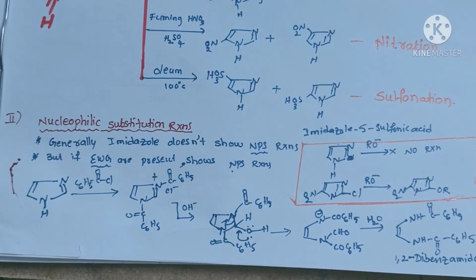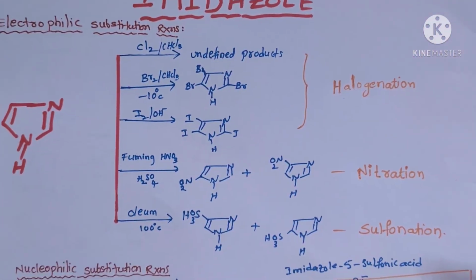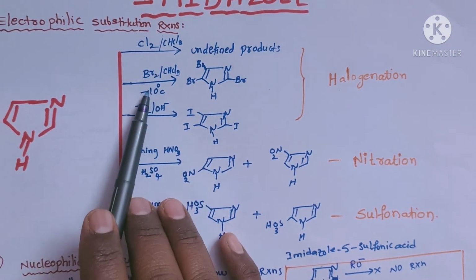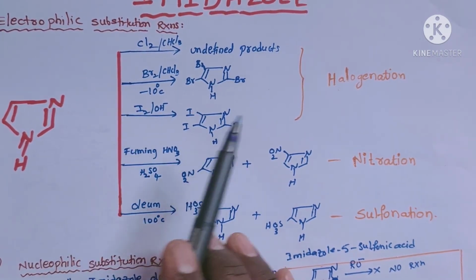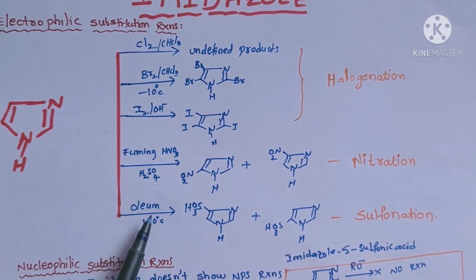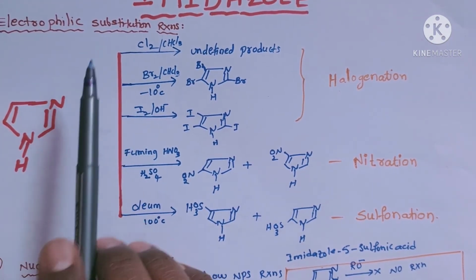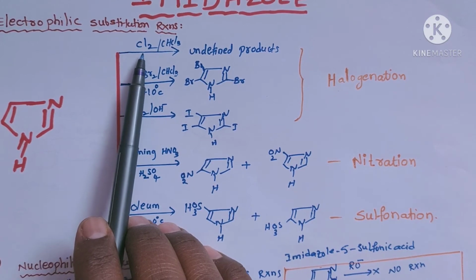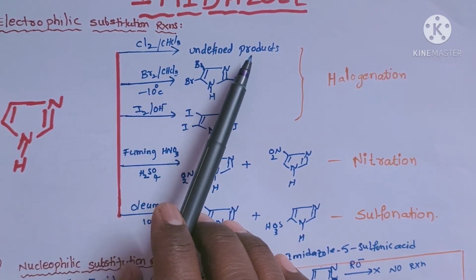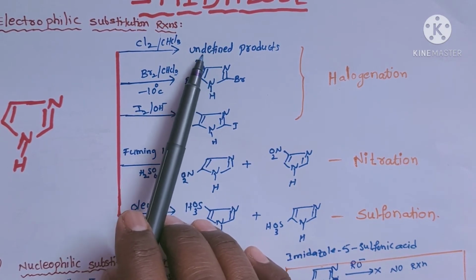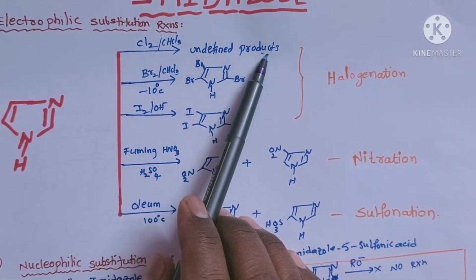So now look here, these are some examples of electrophilic substitution reactions: chlorination, bromination, iodination, nitration and sulfonation. Actually, when imidazole is reacted with chlorine, we get a mixture of different products, so we can say unidentified products here.